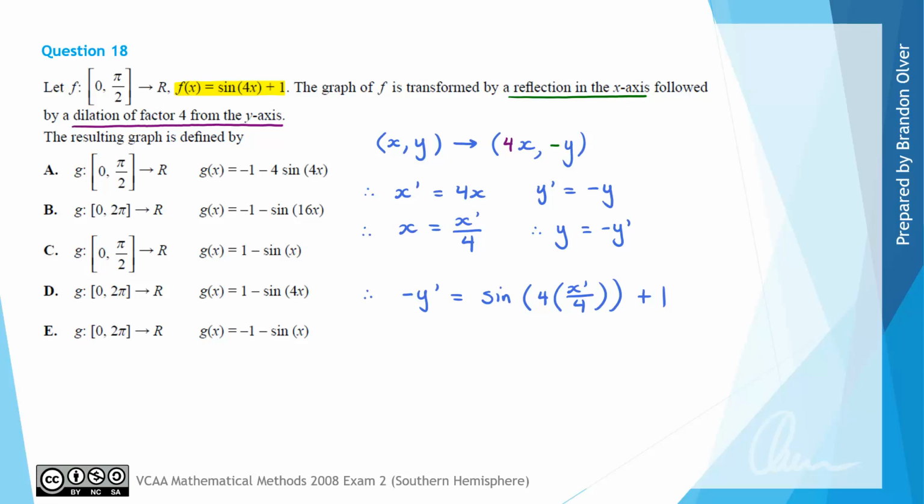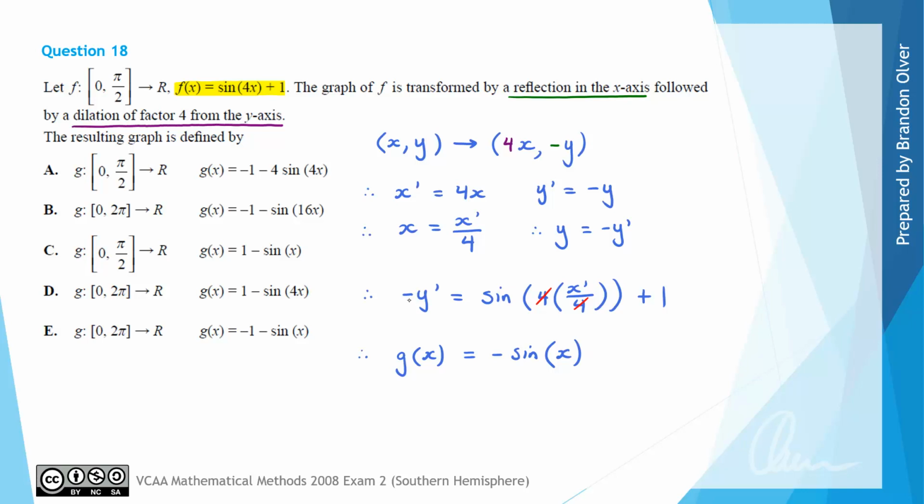Next, we can see that the 4 being multiplied and then divided inside the sine function would cancel. And we can get rid of the negative in front of the y dash to get y by itself by multiplying all of the right hand side by negative 1. So therefore, g of x, because that's what all the options have in them, is going to equal negative sine of just x once the 4 and the divide by 4 have cancelled.